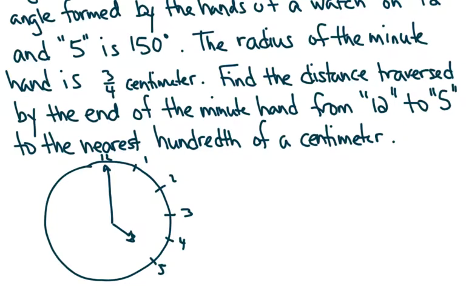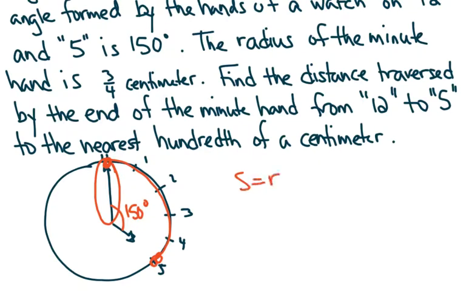We want to find out how far this minute hand goes from here to here. Now they want you to use the minute hand's radius, because that's the one that moves fastest, which is 3/4 of a centimeter. And then they also told you the angle here was 150 degrees.